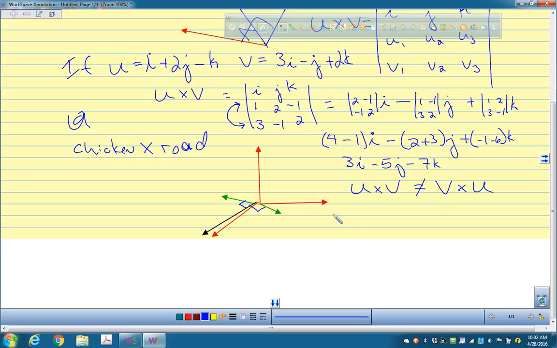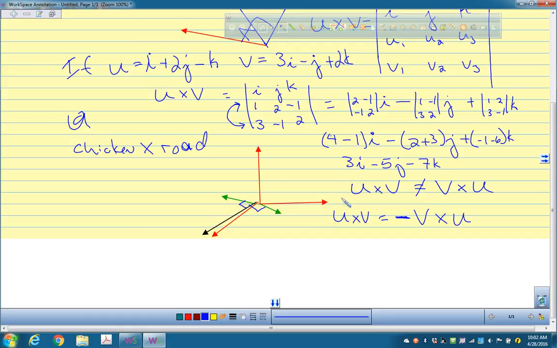And it turns out that U cross V is equal to the opposite, is equal to negative V cross U, okay?